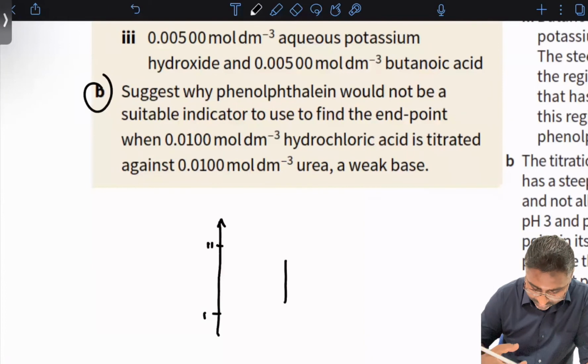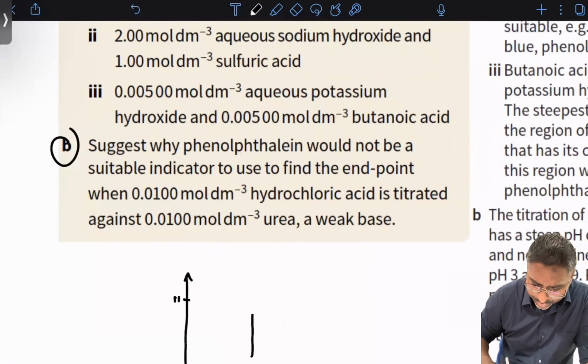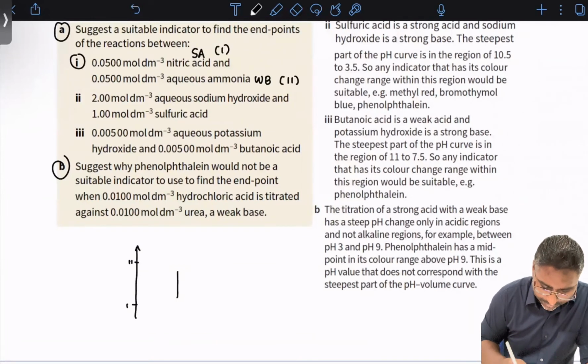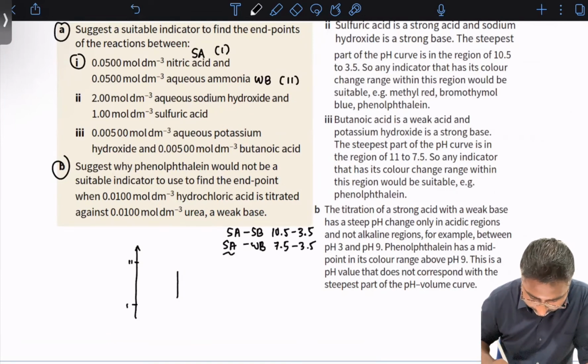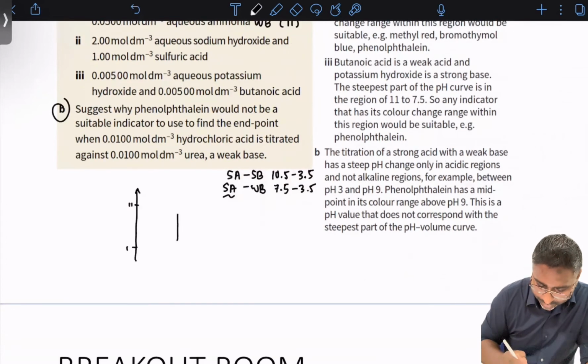The sharp fall, I told you to remember. If it is strong acid, strong base, it is 10.5 to 3.5. Strong acid, weak base, it is going to be 7.5 to 3.5. You follow a little bit to the strong acid, so you bring it down.